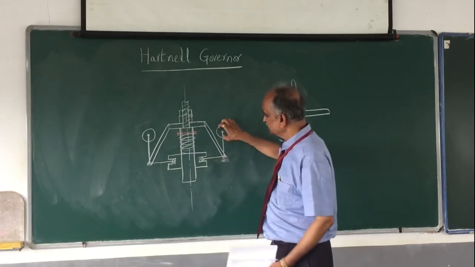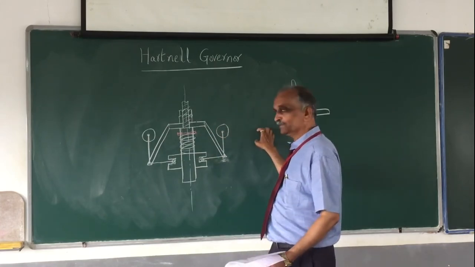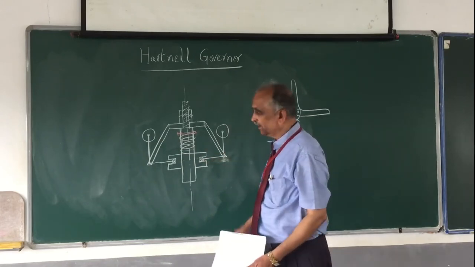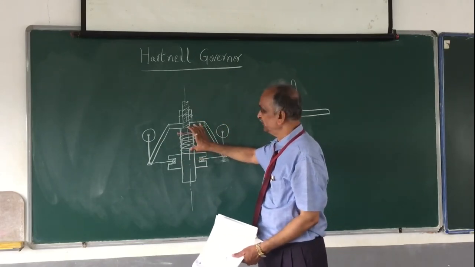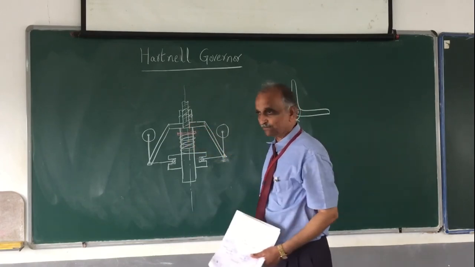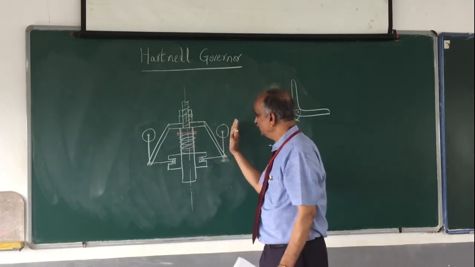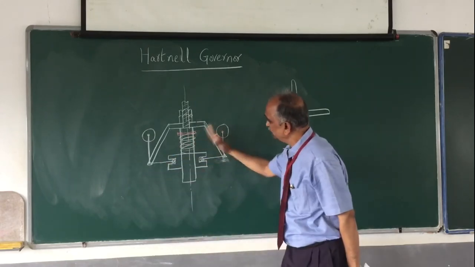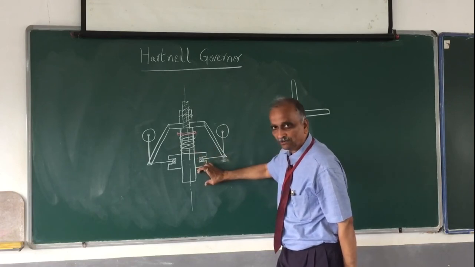If the speed increases, these governor balls will go out, and they lift the sleeve. When they lift the sleeve, the spring is further compressed. Please remember, the load on the sleeve is different. If the speed goes down, the balls move inwards, and the sleeve will go down.